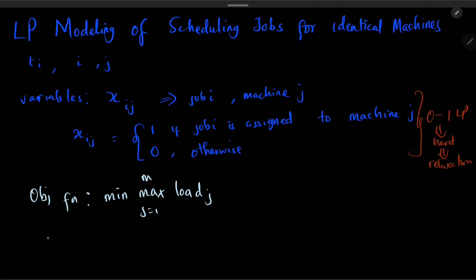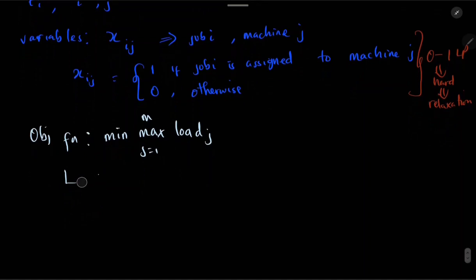So this means that for the load on machine j, we would have x_ij, that's job i on machine j, times the time for it. Let's call it job 1.